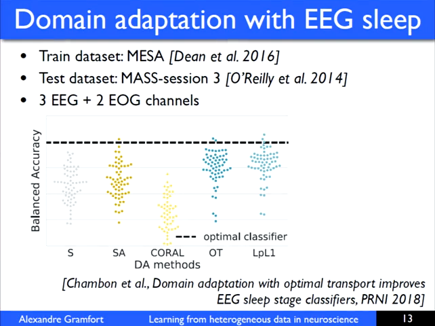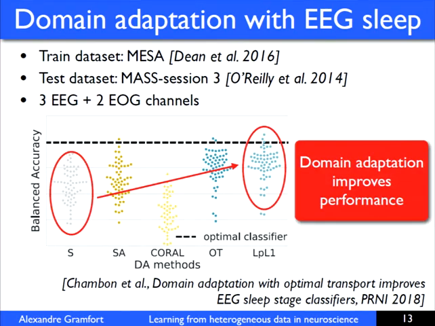And what you see is that if you use domain adaptation, you go up. Every dot is one subject, so for each subject you see the accuracy you get. You can do this because you have an entire night, so you've got hundreds of samples per subject. You see that there are different ways of doing this adaptation, and some work better than others. In this particular application, the methods based on optimal transport are outperforming the others.